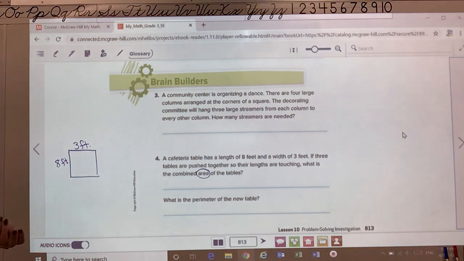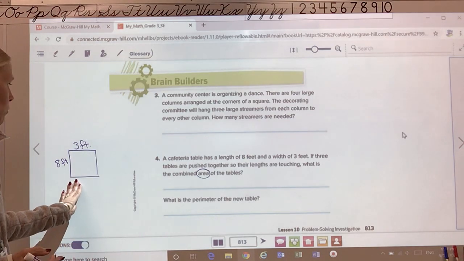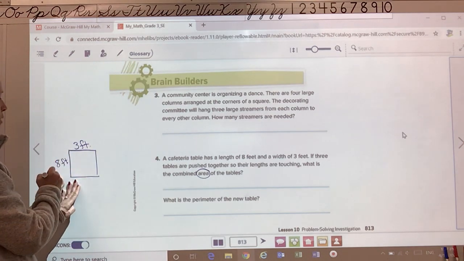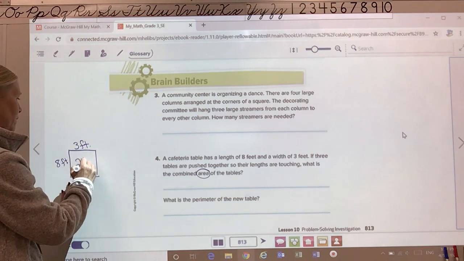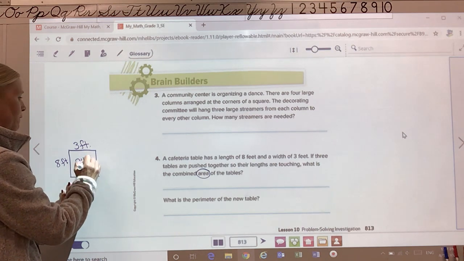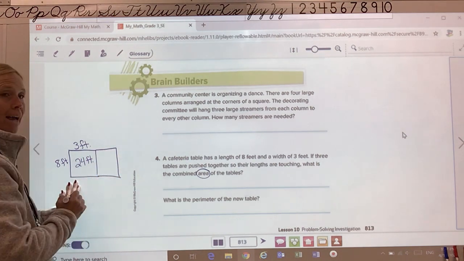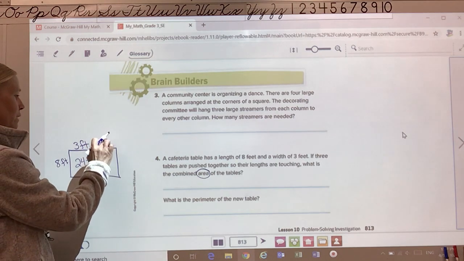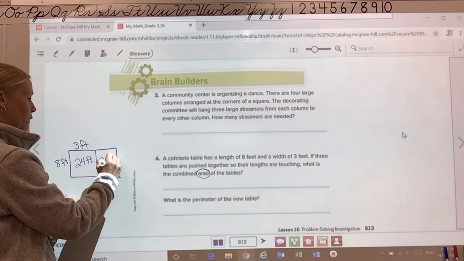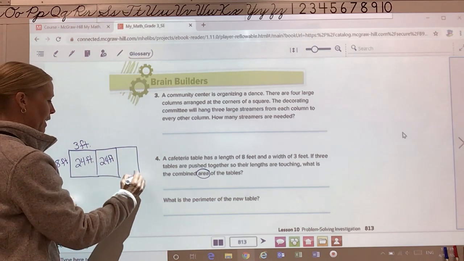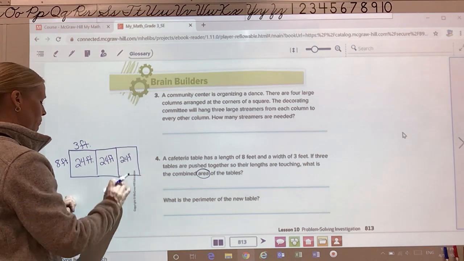Now, I can very easily find the area for this first table because all I have to do is multiply 8 times 3 for a total of 24 feet. Well, I have 3 tables though that have that same area because this is 3 and this would be the 8. So another 24 feet and one more table for 24 square feet.